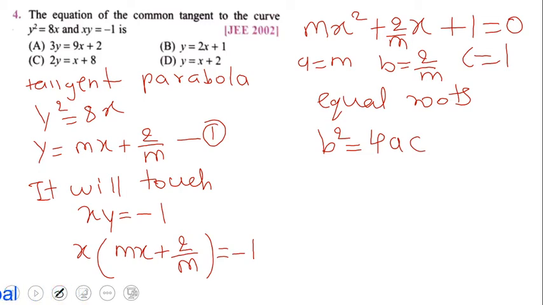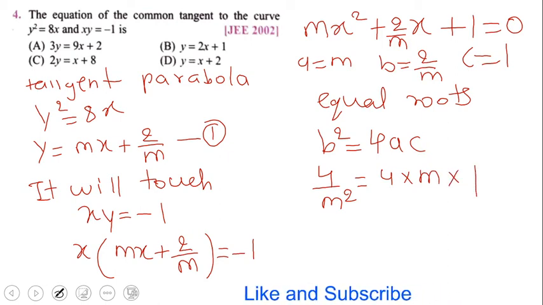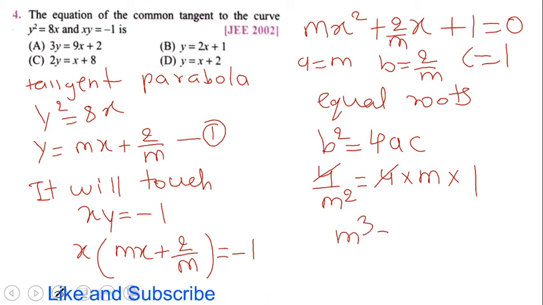Then b is 2 by m, so b square is 4 by m square. So 4 times a, which is m, times c, which is 1. We simplify this: 4 gets cancelled, m cube equal to 1.